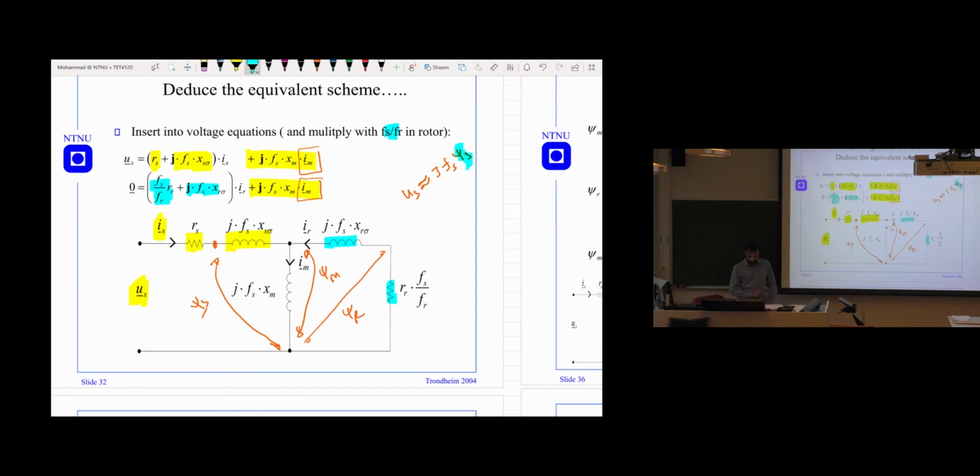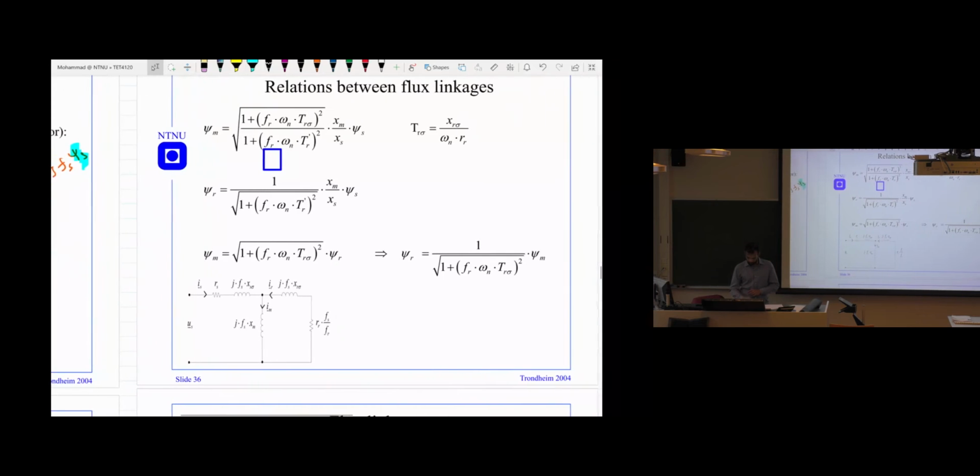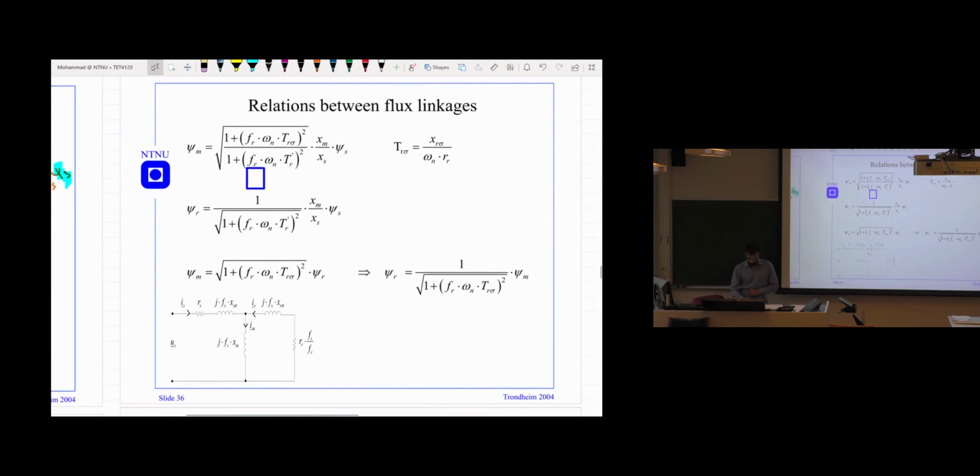So you have the stator current and the rotor current from the circuit, and if we try to find the relation between these three fluxes in terms of circuit parameters, you will see that they come out something like this equation.